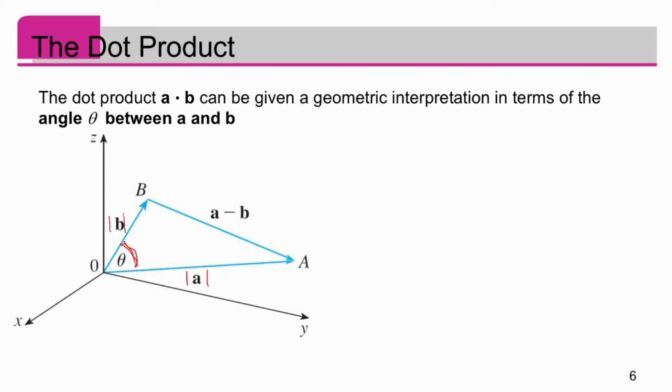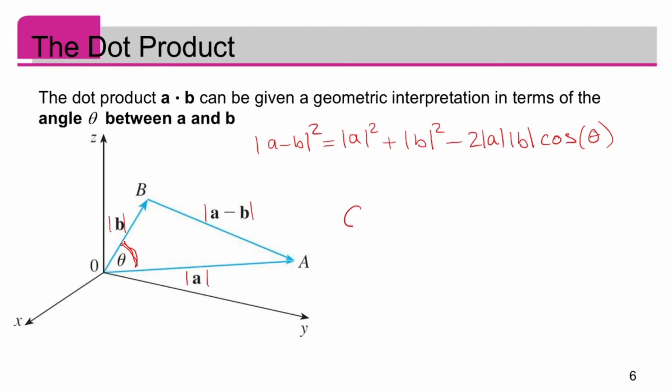The law of cosines says that the magnitude of a minus b, squared, is equal to the magnitude of a squared plus the magnitude of b squared minus 2 times the magnitude of a times the magnitude of b times the cosine of the angle there.